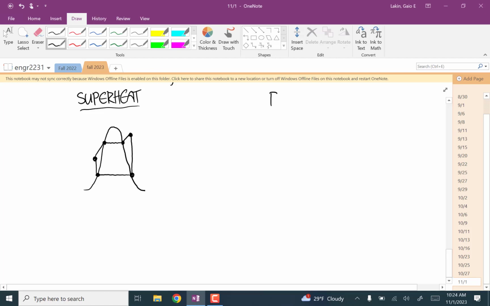And the second improvement is reheat. So for a reheat, you have the saturated vapor, you superheat it, then you have 1 turbine, you heat it again, send it through a second turbine. And the other stuff looks the same.